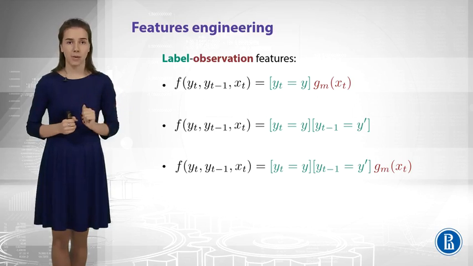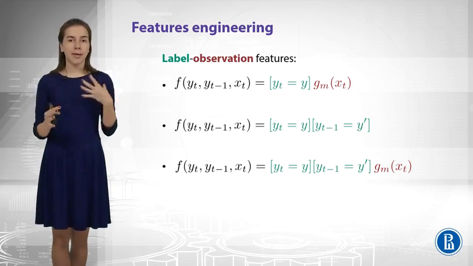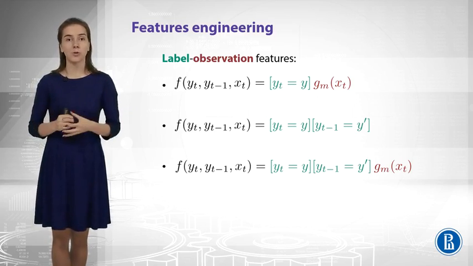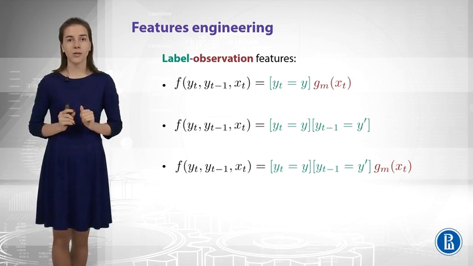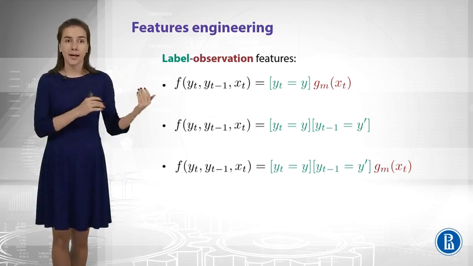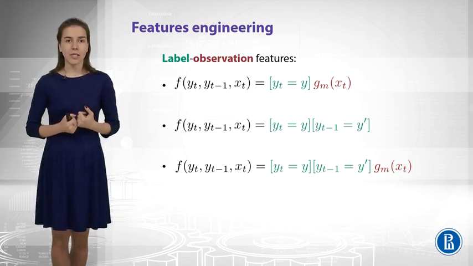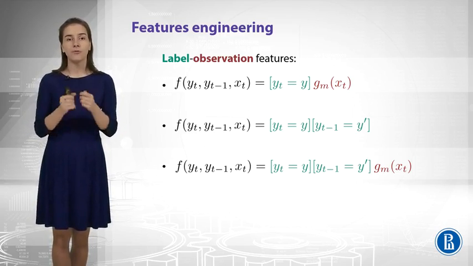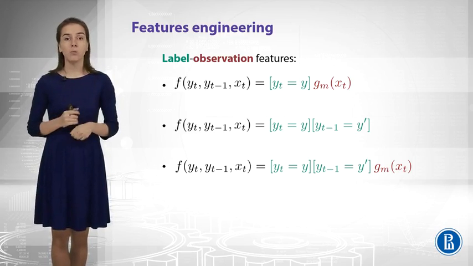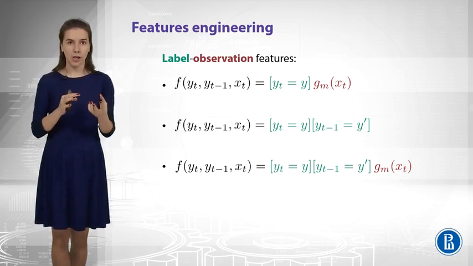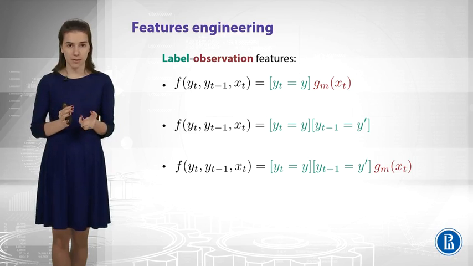The observation part is about something that depends on the output. So we will go to this part. And the green part, the label part, is about indicators. You just check whether the current label is equal to y, and you check it for all possible labels, okay?